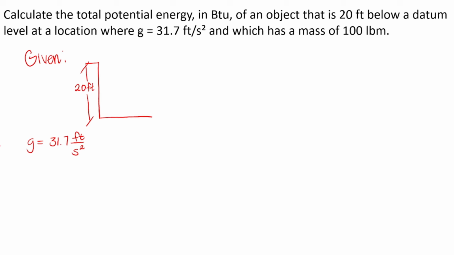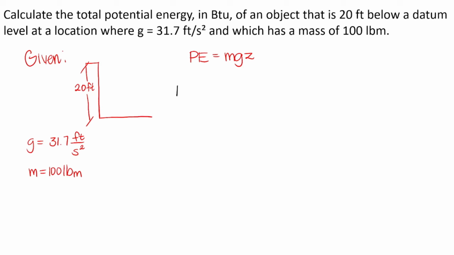And the mass is also given. Mass is equal to 100 pound mass. We are asked to calculate the total potential energy. So, ano nga ba ang formula for potential energy? Simply, potential energy is equal to the mass times the gravitational acceleration times the elevation. We will simply plug our values into this formula.